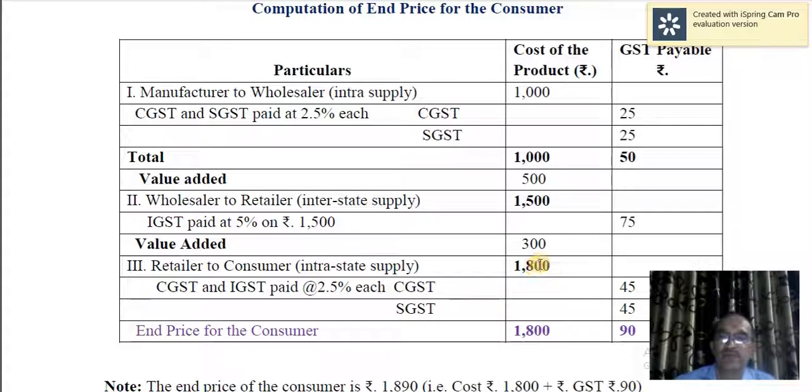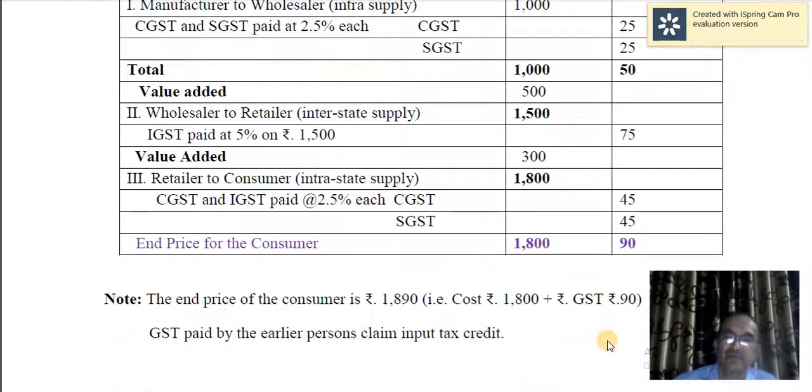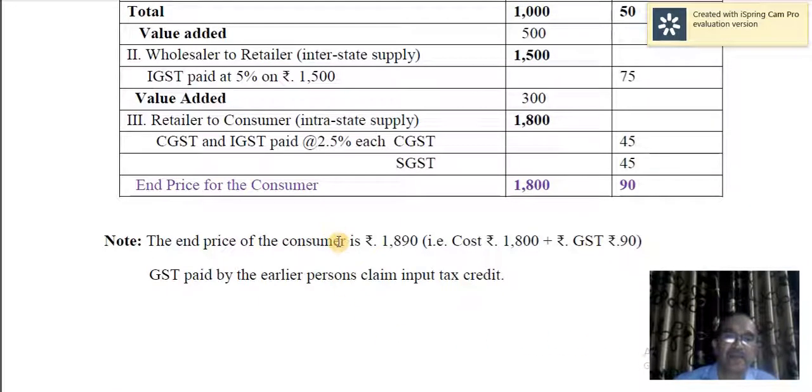And therefore here 300 is added. Retailer to consumer, 1,800 is the price at which the goods are sold, and CGST and SGST are 45 and 45, so 90 rupees. So the final price paid by the consumer is nothing but 1,800 plus 90, 1,890.